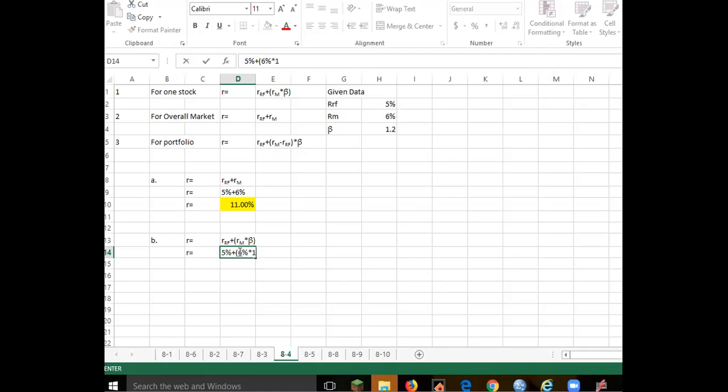So beta is 1.2. So 12.2% is the required return on a stock.